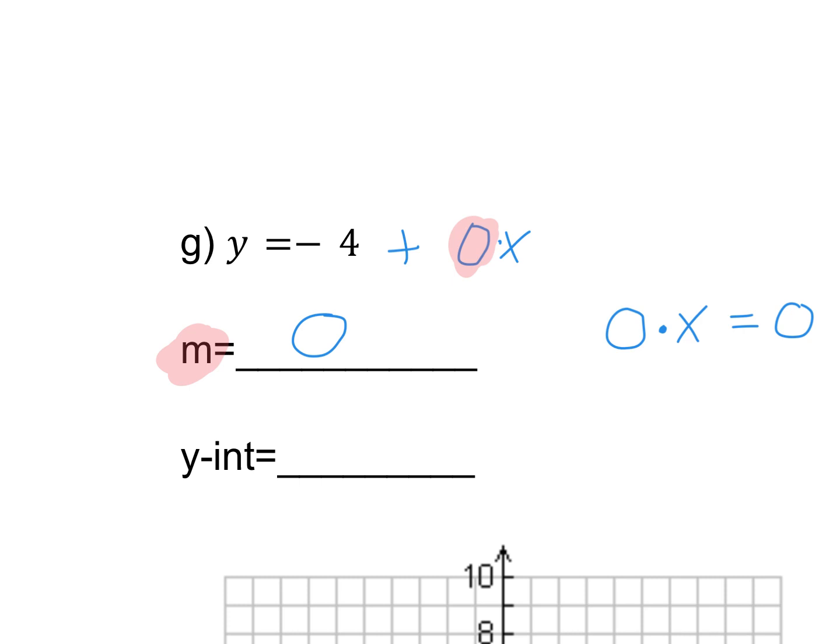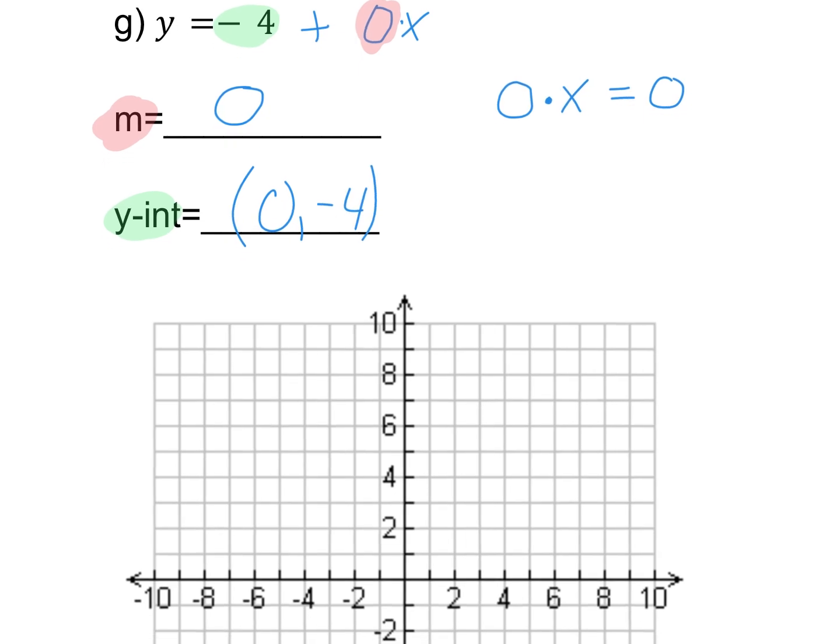And then our y-intercept for this equation, again, it's the number in the equation on the same side as x, but it's not being multiplied by x. So in this case, it is the -4. So our y-intercept is going to be 0, -4.